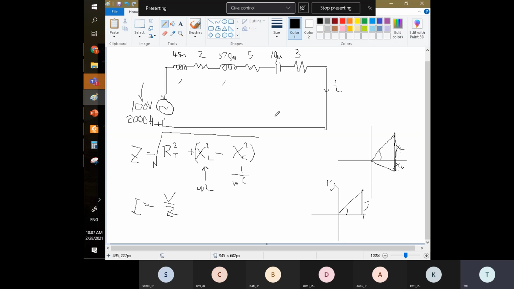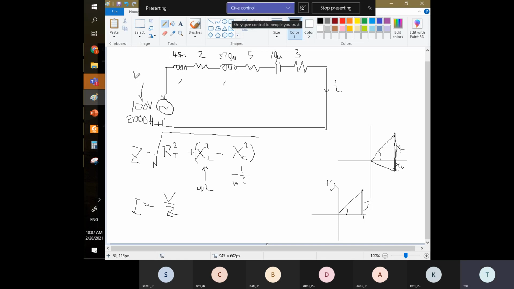Vmax. Let me confirm again. Here is a Vmax. V maximum. One more time, double confirm again. Yes, V maximum.